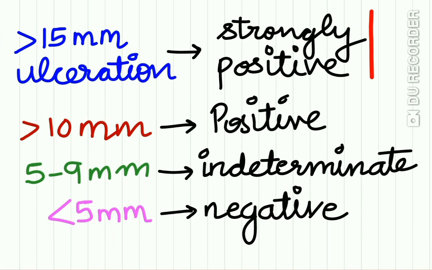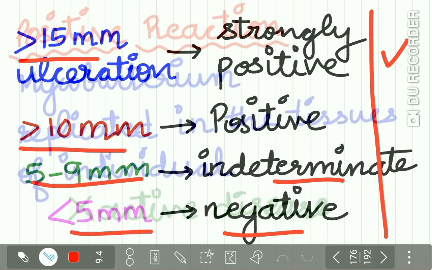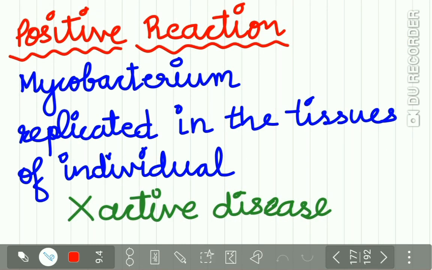Now, this is the scale of diagnosis. If the induration is more than 15 mm with ulceration, the test is considered as strongly positive. If the induration is more than 10 mm, it is considered as positive. If it is 5 to 9 mm, it is indeterminate, and if it is less than 5 mm, it is negative.